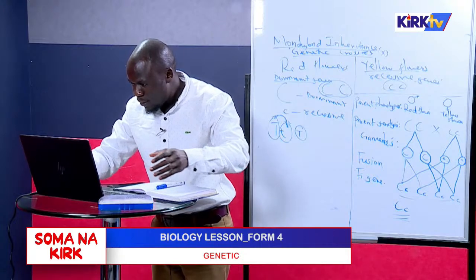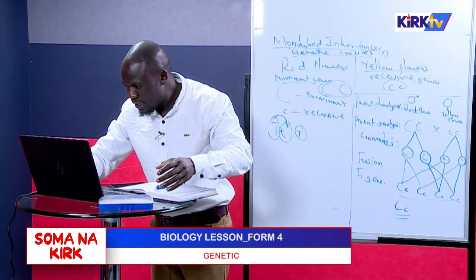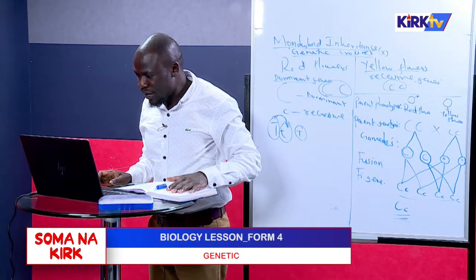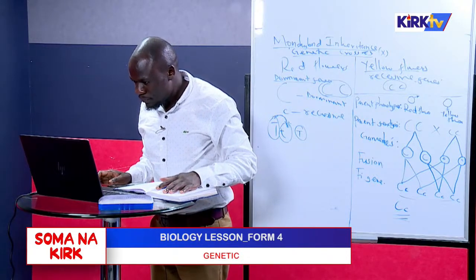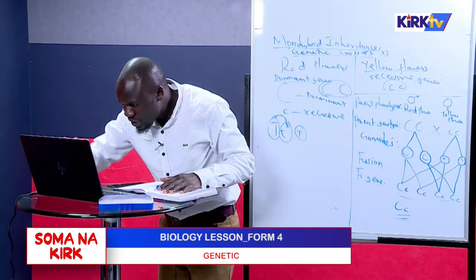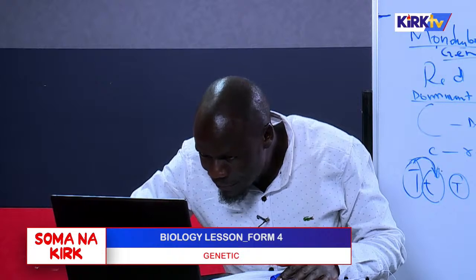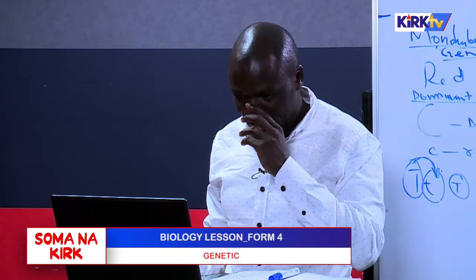A cow with white fur was crossed with a red bull. No, this is a different one. Let me read the one that is concerning the monohybrid inheritance. In rats, the allele for black fur is dominant over the allele for brown fur.